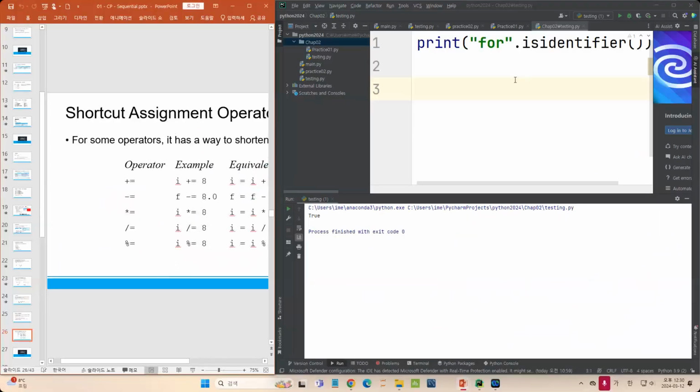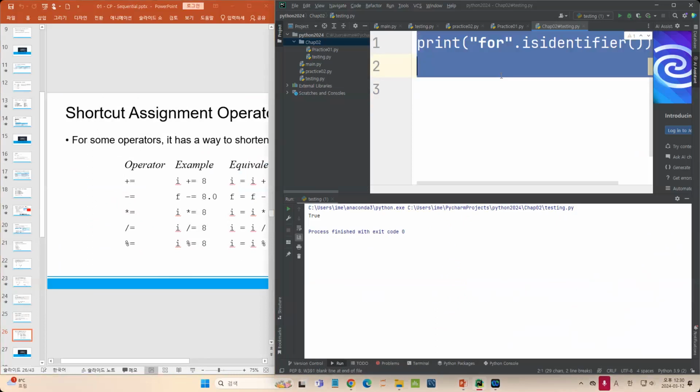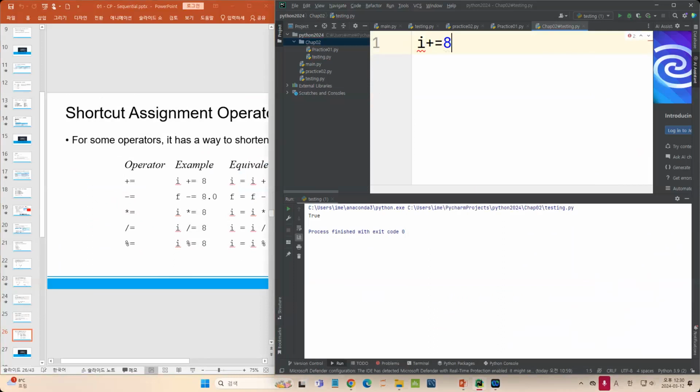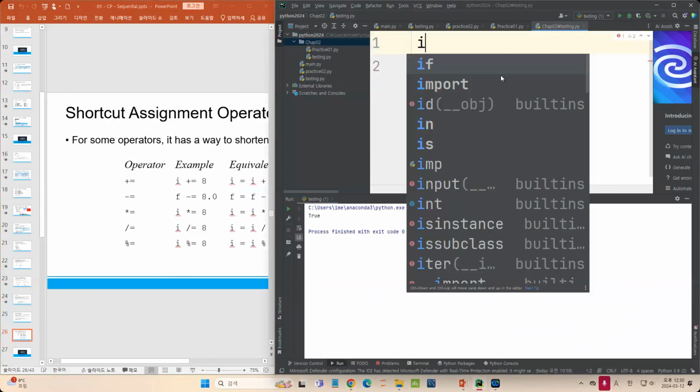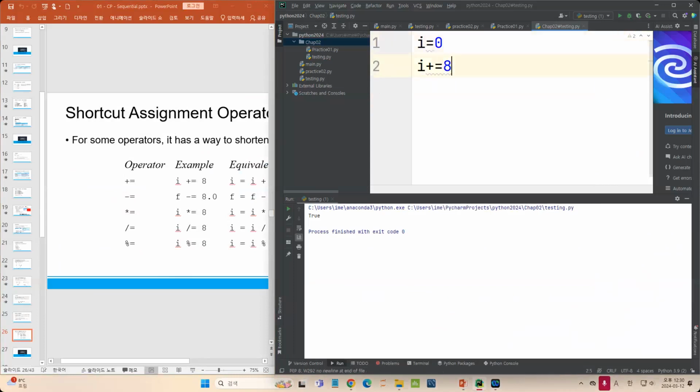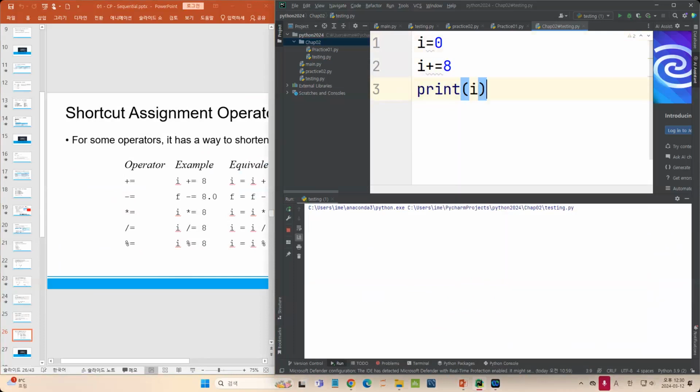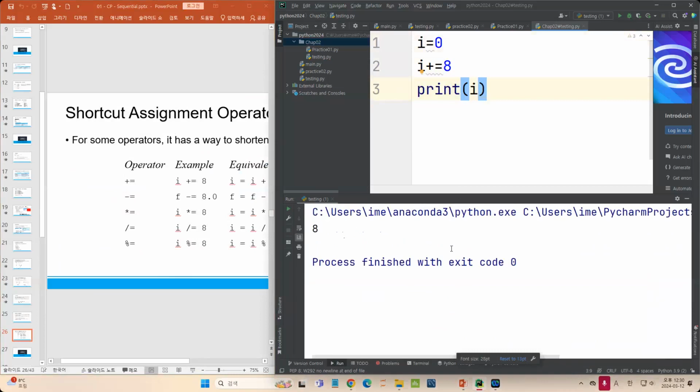Let's see. i plus equal 8. At the first time you cannot do this if you don't specify any number. Print type. So i is 8.